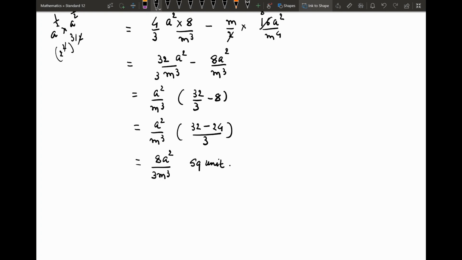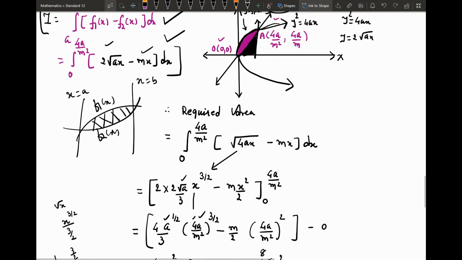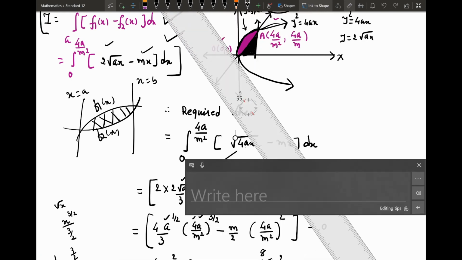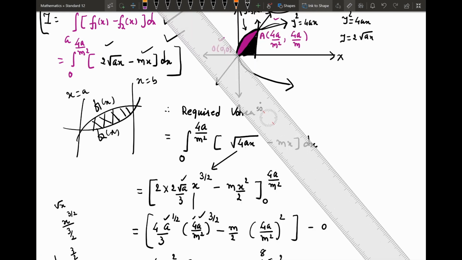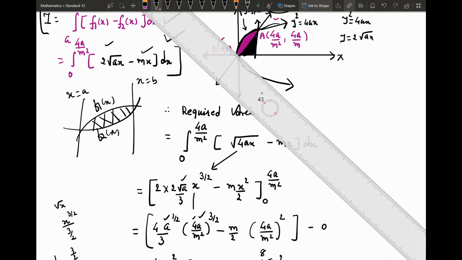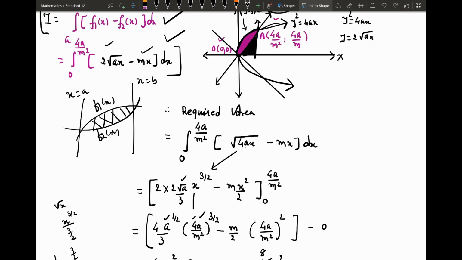Now even if you consider slope as negative, if you consider m less than 0, the figure will be of this form.